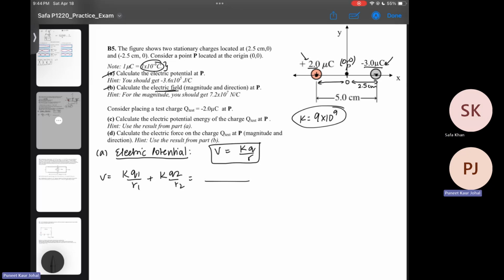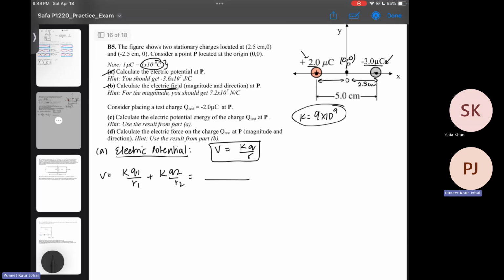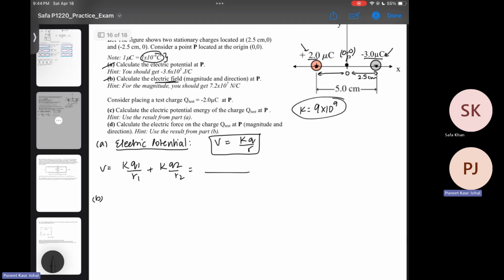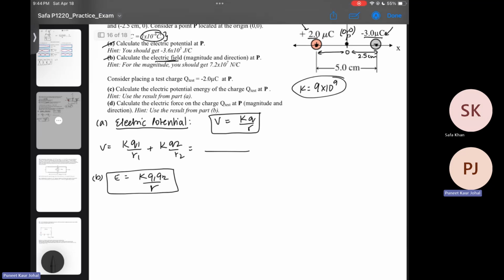B is electric field. Electric field is what we just saw, which was K Q1 Q2 over R, right? That's where we got the potential formula from. So again, calculate the electric field magnitude and direction. The magnitude is easy, just plug in the numbers.